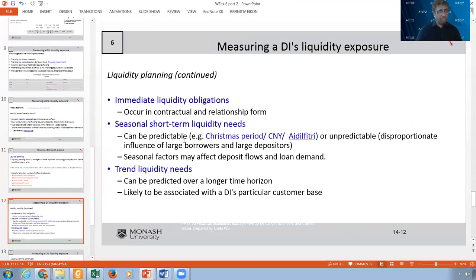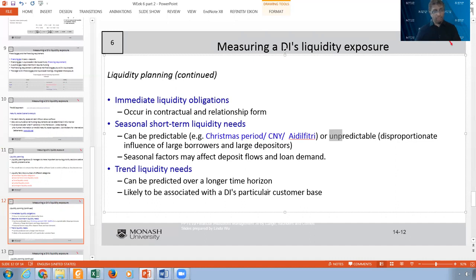This is a summary of what I just said here. When we say seasonal, as I told you, it can be predicted or sometimes cannot be predicted. Like when we talk about the influence of large borrowers and large depositors, we cannot actually predict their withdrawal behavior. Trend liquidity is just predicted over a long term, likely to be associated with the depository institution's particular customer base.